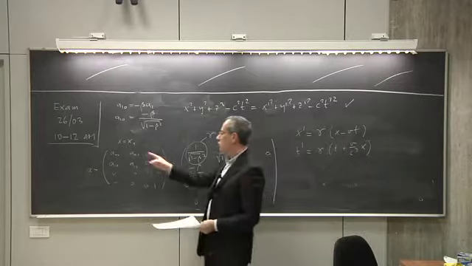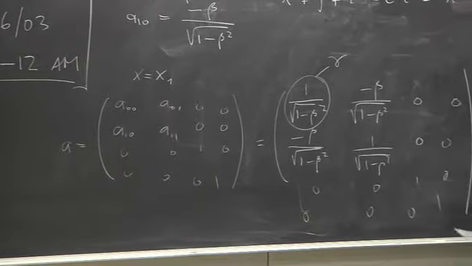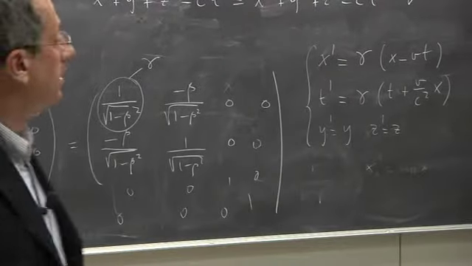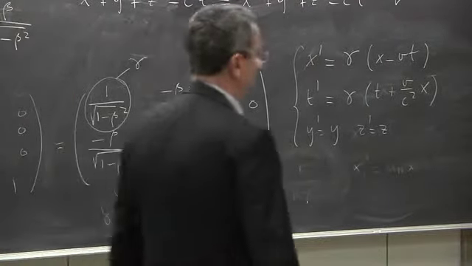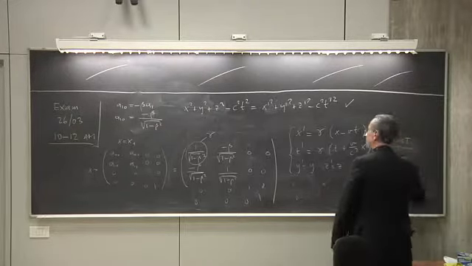For this particular choice, then you have that y prime is equal to y, z prime is equal to z, because you are transforming only in that direction. Okay? This in general is called a boost.